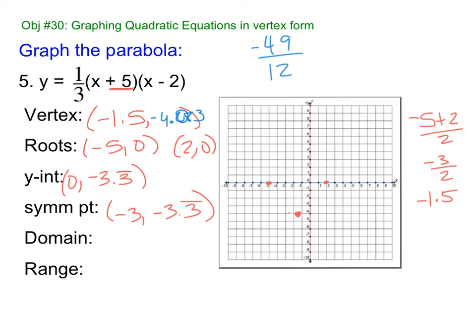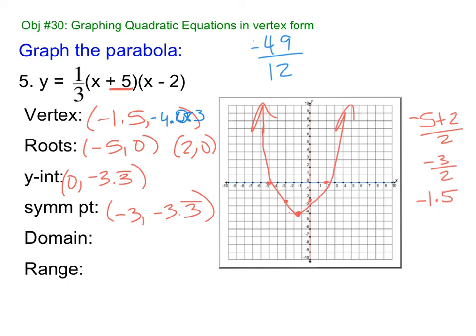Negative 3 and a little bit. Okay, this looks better. This looks more normal. Still a little weird looking, but it is what it is. Looks kind of linear. I don't know why.